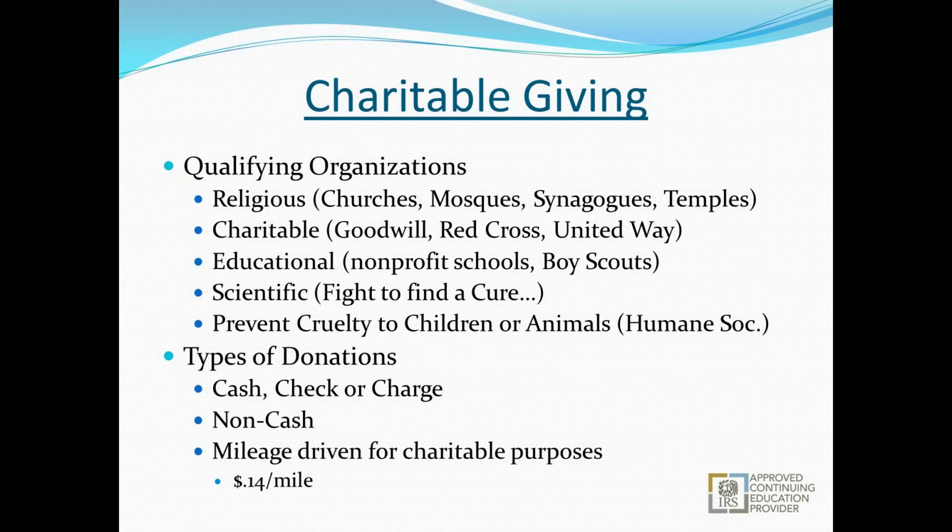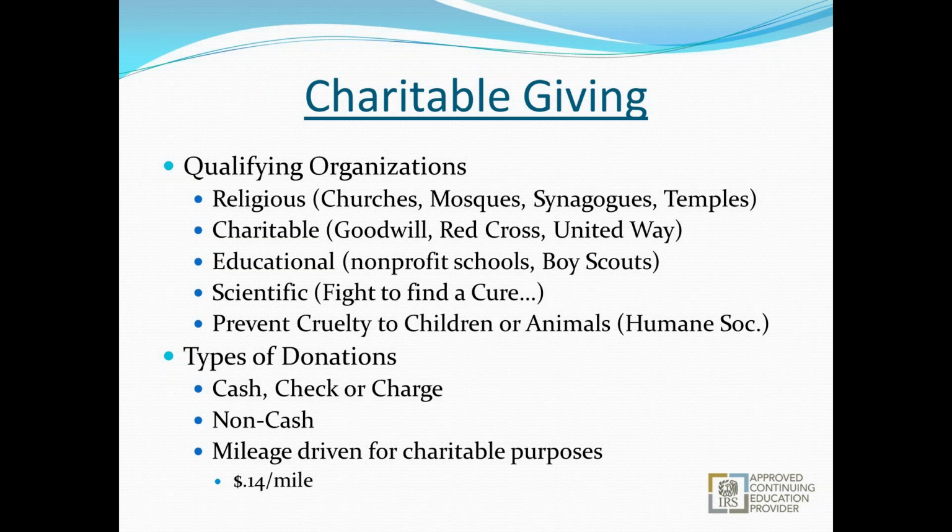This also includes charitable organizations: Red Cross, United Way, Goodwill, Doctors Without Borders, any of these things that have registered for their own 501 statuses to provide nonprofit services to the community, going to be deductible. Educational: Boy Scouts, nonprofit schools, certain types of schools that might not fit either one of those two.